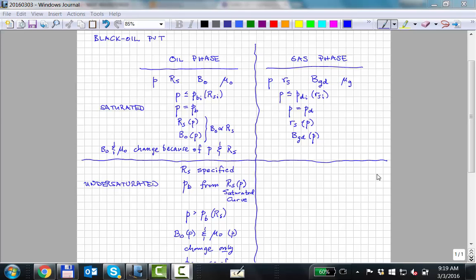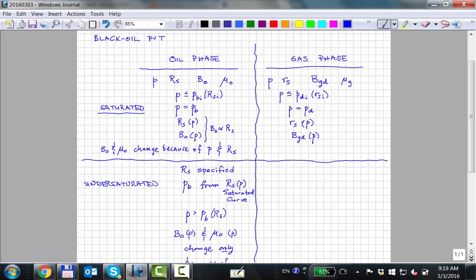So let's just review the Blackwell properties of the oil phase as a function of pressure for the saturated system. In other words, if the oil is saturated, the pressure, by definition, is at its bubble point.